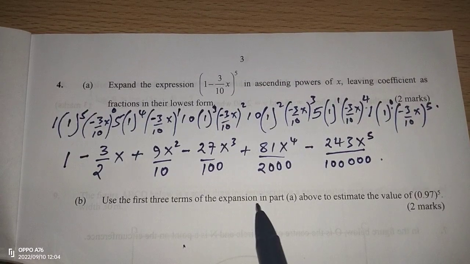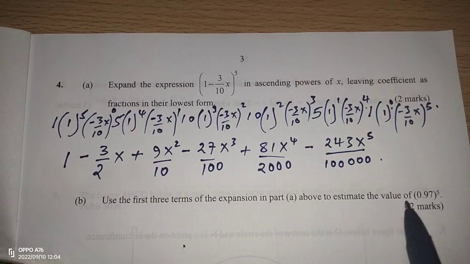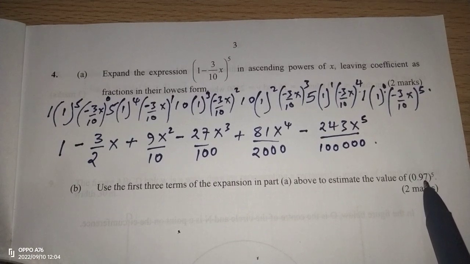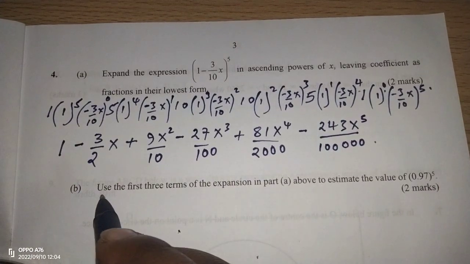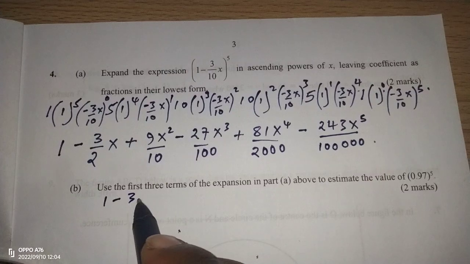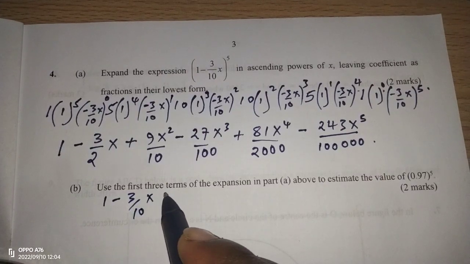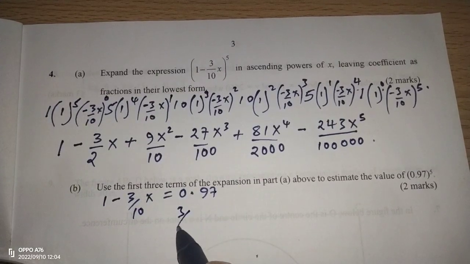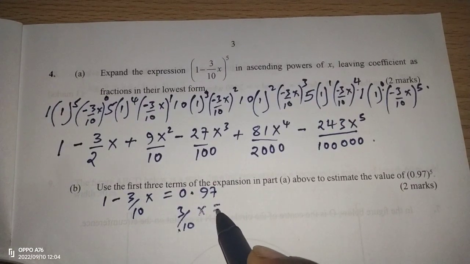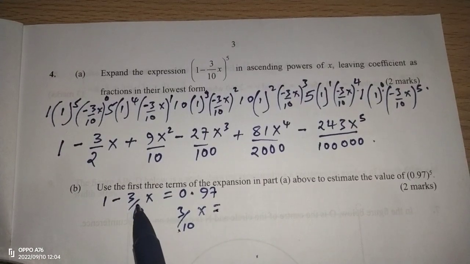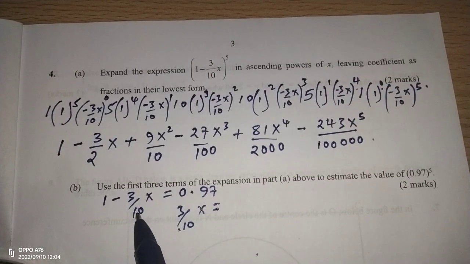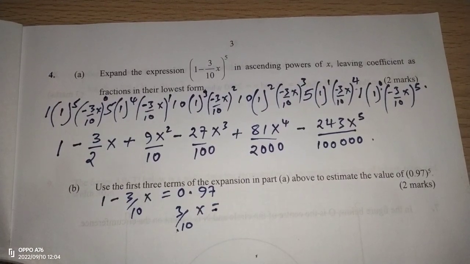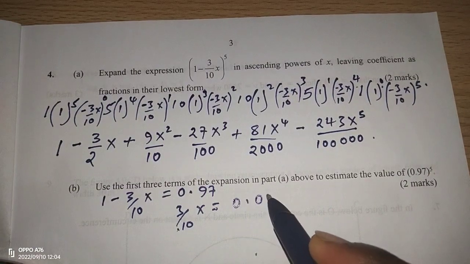Use the first 3 terms of the expansion in part A to estimate the value of 0.97 raised to power 5. Because they are both raised to power 5, then we shall equate this binomial expression with 0.97, so that 3 out of 10x equals, when we take this one to the other side, because negative 3 out of 10x brought to this side will become positive, 1 minus 0.97, which is 0.03.